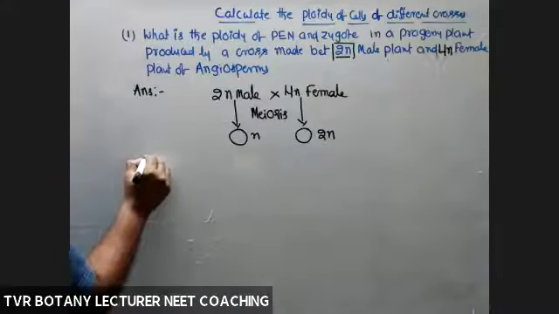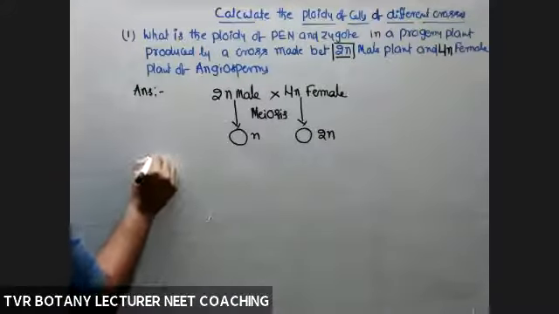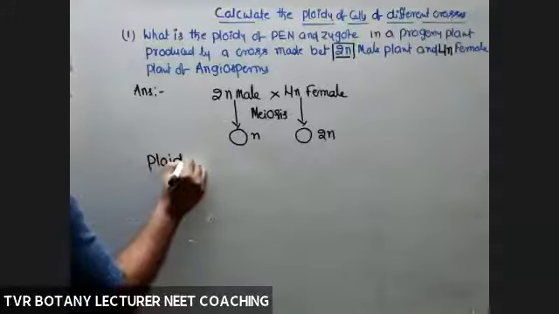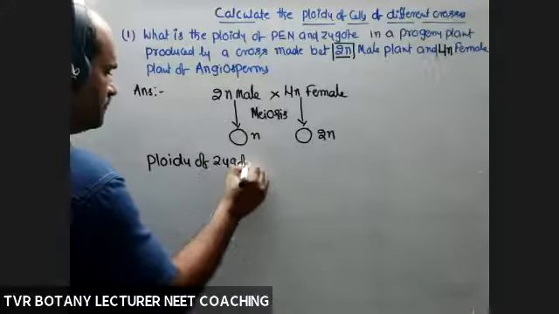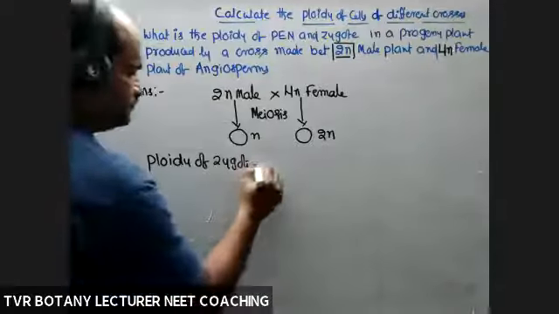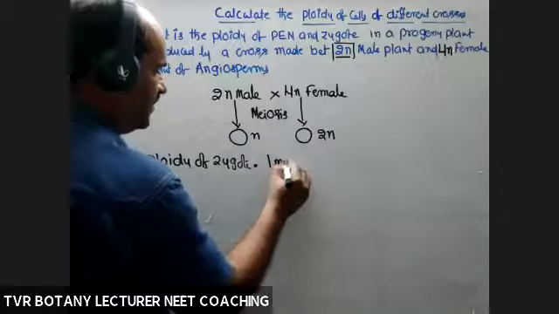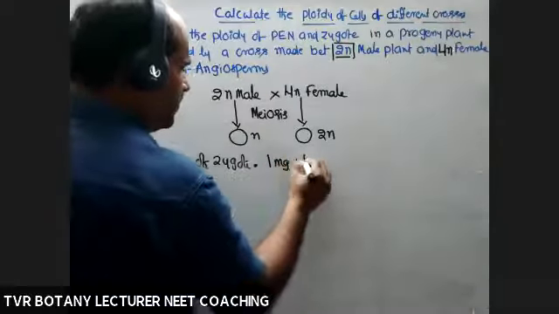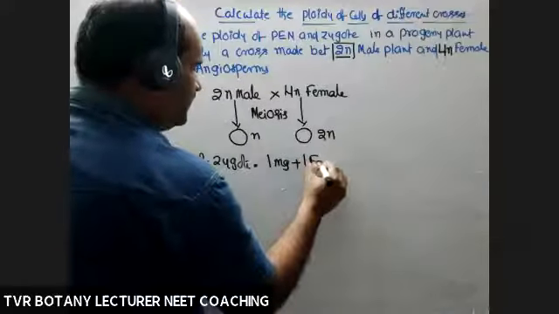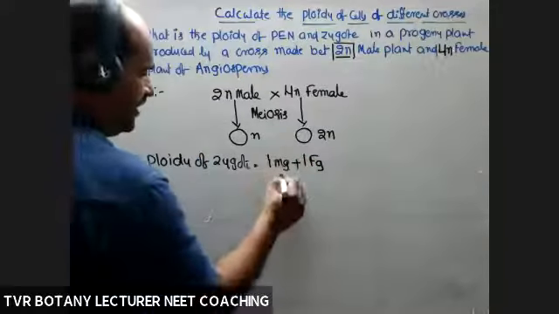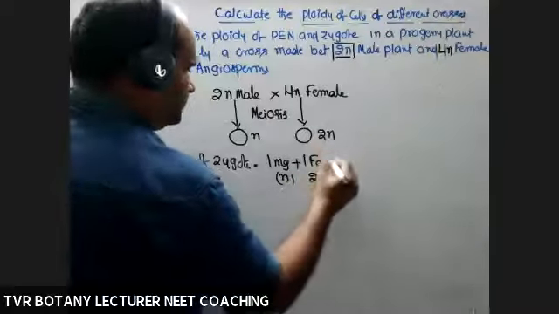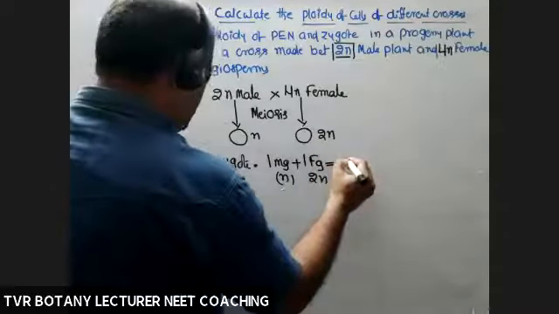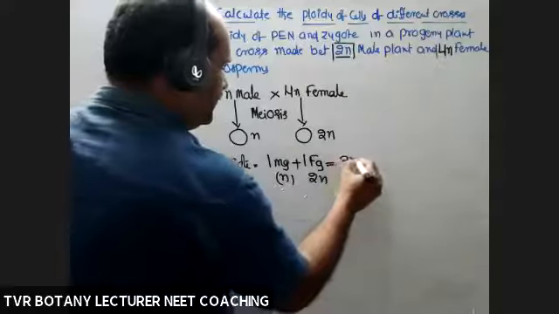Now, what about the ploidy of zygote? Simply, one male gamete plus one female gamete. Male gamete? Haploid. Female gamete? Diploid. So the zygote ploidy is 3N, triploid.